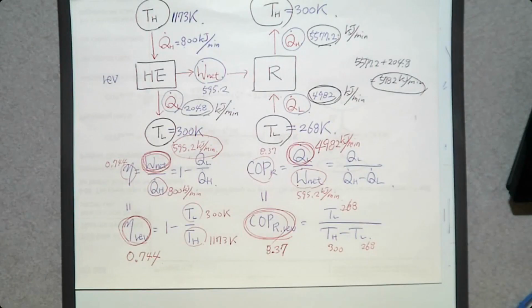And how many devices did we study in chapter 4? Nozzle, diffuser, throttling valve, turbine, compressor, mixing chamber, and heat exchanger. You all know what they are, and you know how to make their energy balance equations. How many problems do you expect? 4?